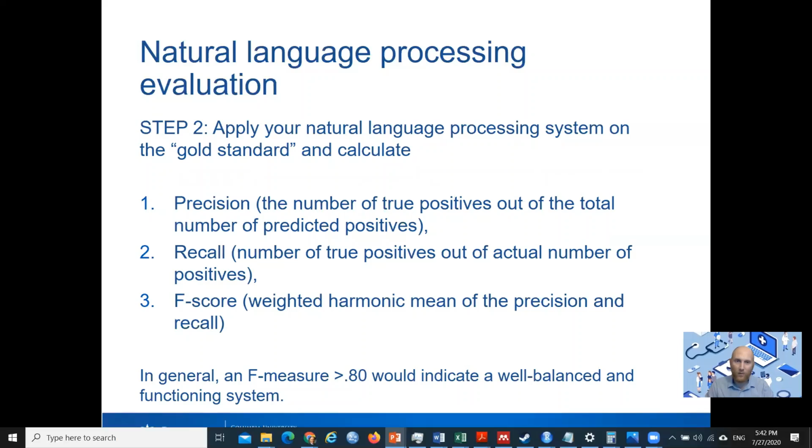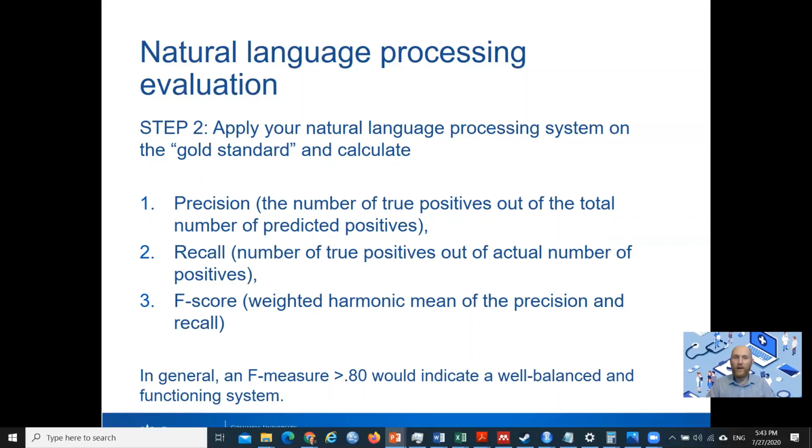At step number 2, you apply your natural language processing system on the gold standard and calculate the following metrics. It is important to calculate the precision, the number of true positives out of the total number of predicted positives, recall, number of true positives out of actual number of positives, and then F-score.